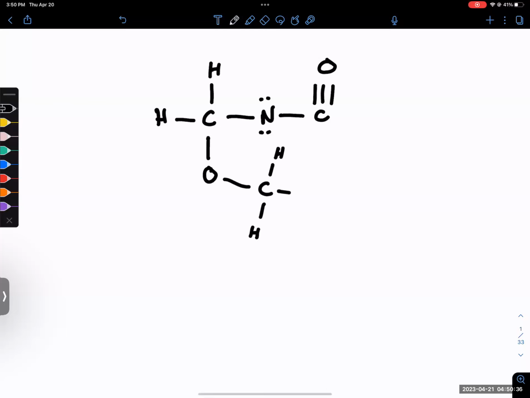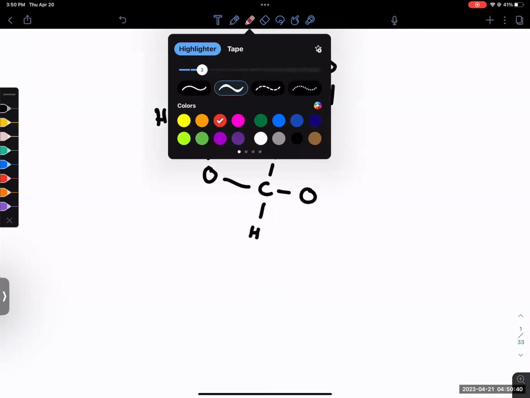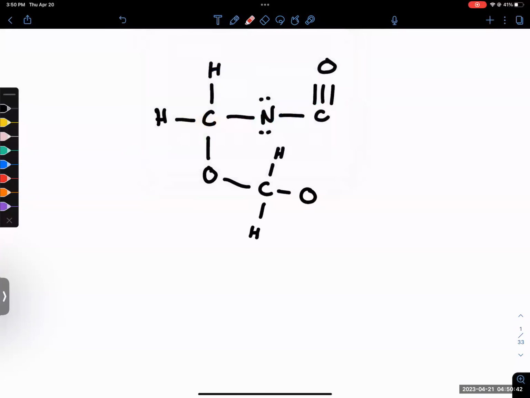Okay, so go ahead and calculate the formal charge of the highlighted atoms. This one, this one, this one, this one, this one, and this one.